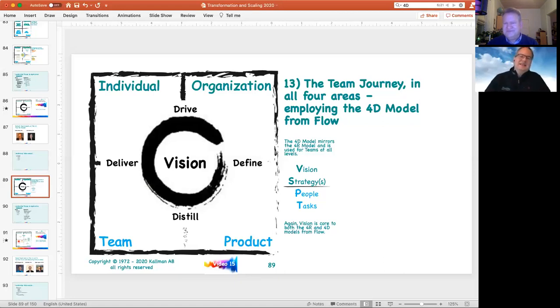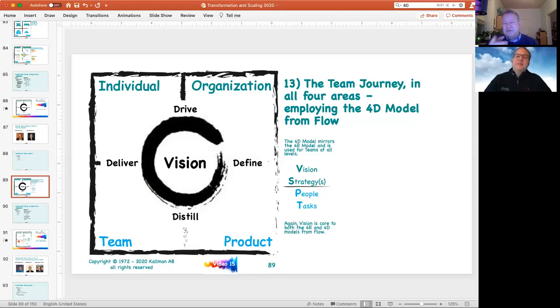On the other side, where you see deliver, that's where we had technology and tools. And where we had drive is where we had communicate, because we really needed to be able to communicate to all levels of the organization so that everybody understood where they fit in and how they helped us be successful.